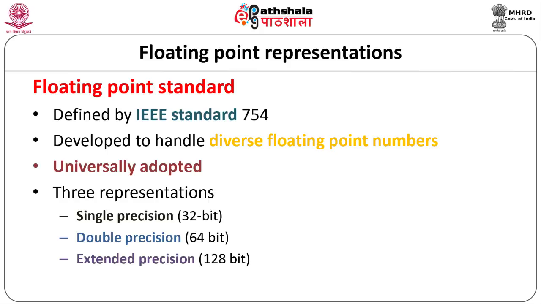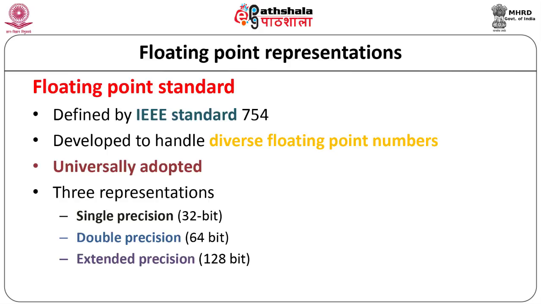This standard was developed to facilitate the portability of programs from one processor to another and to encourage the development of sophisticated numerically oriented programs. The standard has been widely adopted and used on virtually all contemporary processors and arithmetic coprocessors.